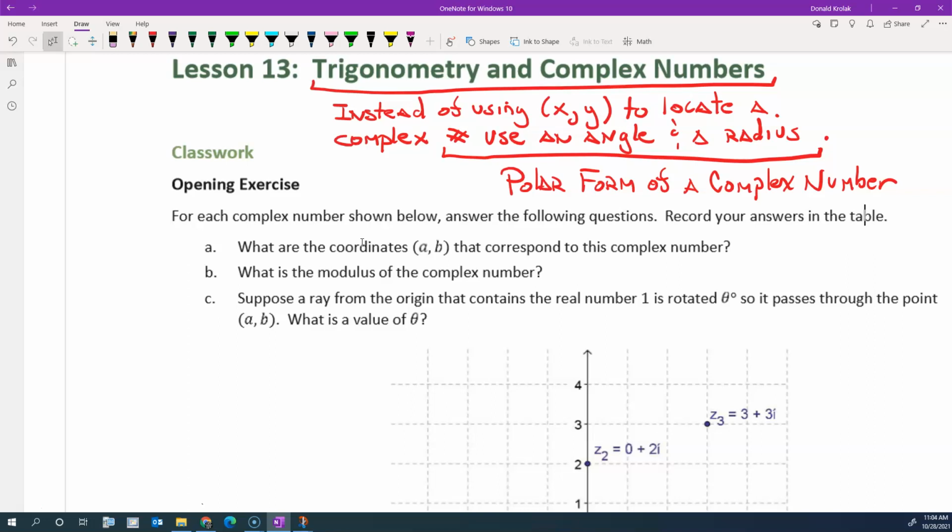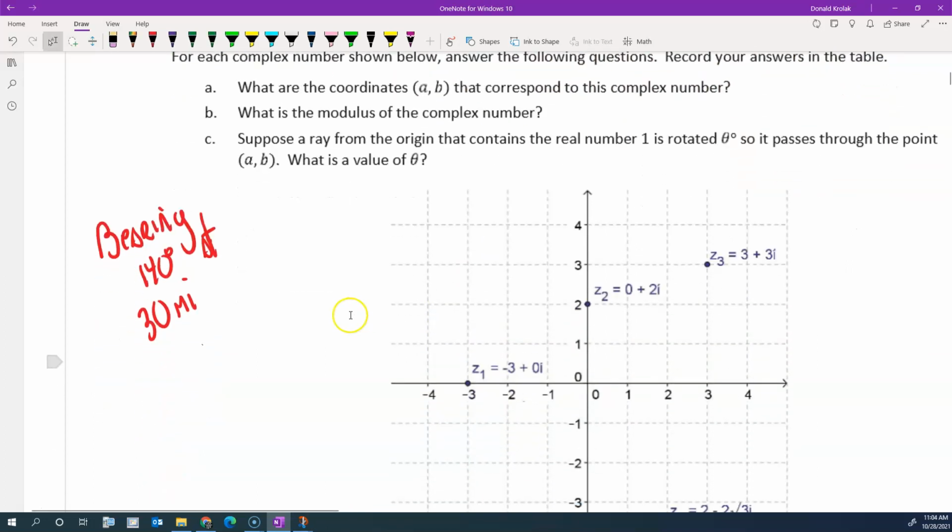Okay, so for example, if you're watching a movie and they say, hey, we have an unidentified aircraft bearing, I don't know, 140 degrees at, I don't know, 30 miles. That's polar coordinates.